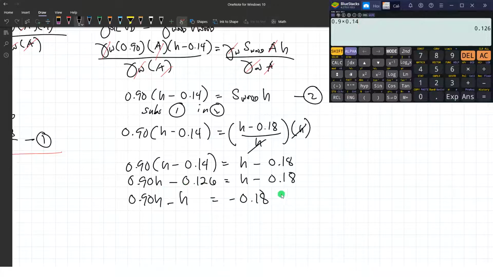This negative here becomes positive 0.126. So we have negative 0.1H equals negative 0.18 plus 0.126, which is negative 0.054.